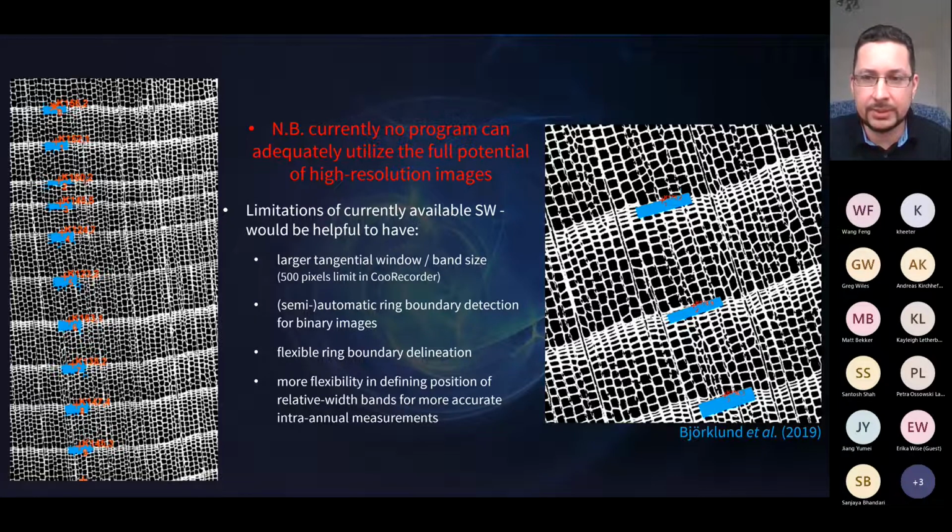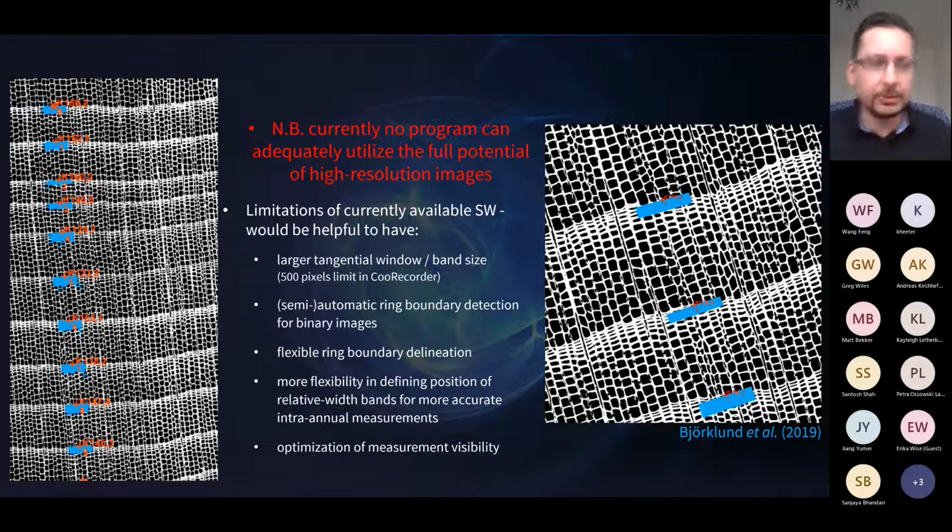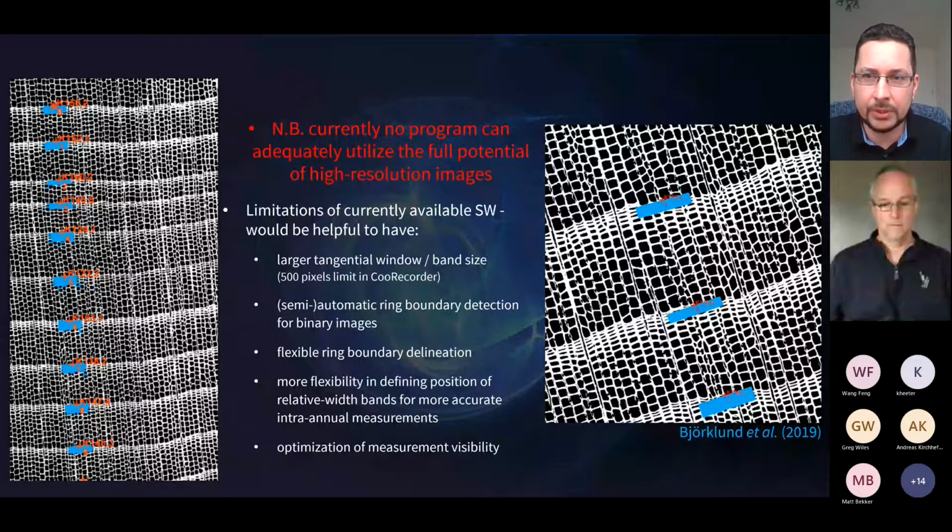That would be very helpful as well. Also, having a black and white image makes it a little difficult to see the points and the placements. That's a more minor issue, but it can make it a little more difficult to measure these.